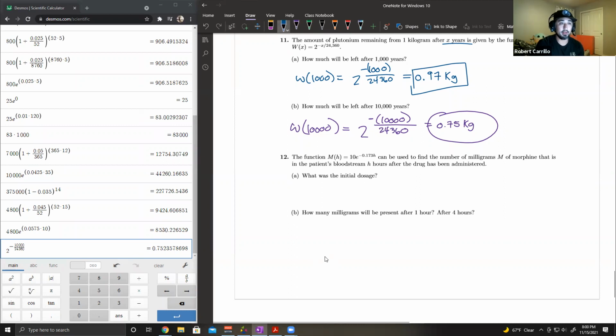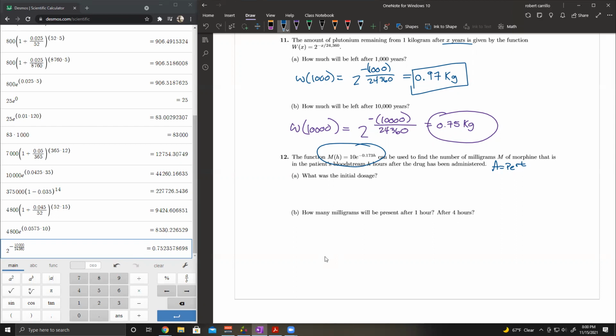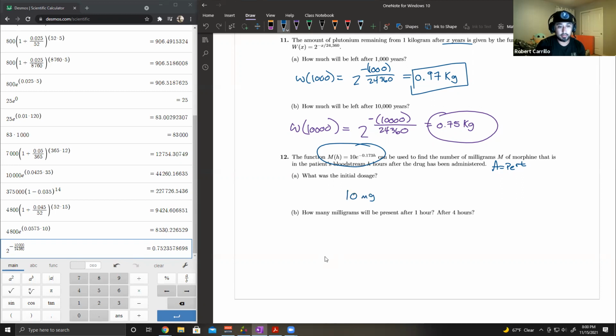So once again, you can compare this formula to Pert. So looking at this, what would be the initial dosage of morphine? 10. Good. So the initial dosage would be 10 milligrams because 10 is your initial amount or your beginning amount.